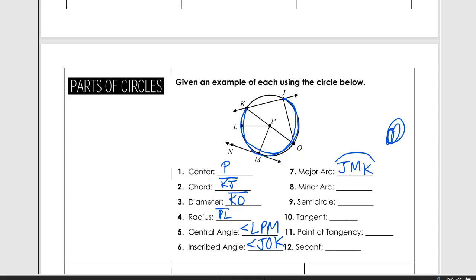Okay. So then we have a minor arc. Remember, a minor arc is less than 180 degrees. And so I'm just going to do this little minor arc right here, which is JO.